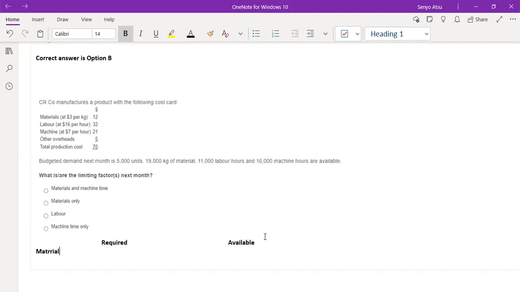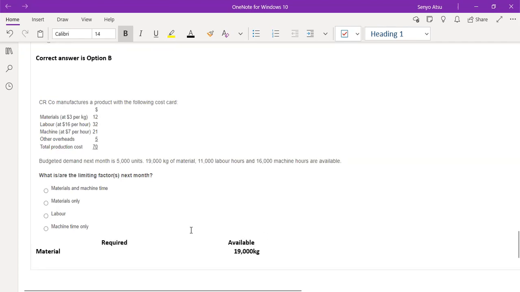Material. How many do you need to produce 5,000? Material available is 19,000 kilograms.